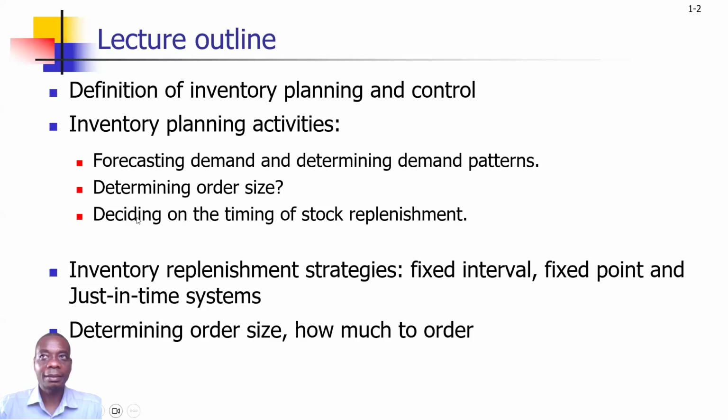We normally try to keep or get input and then we sell output. And then we decide on the timing to replenish the stock. When we talk about stock replenishment, it's at what point do you need to buy additional stock?